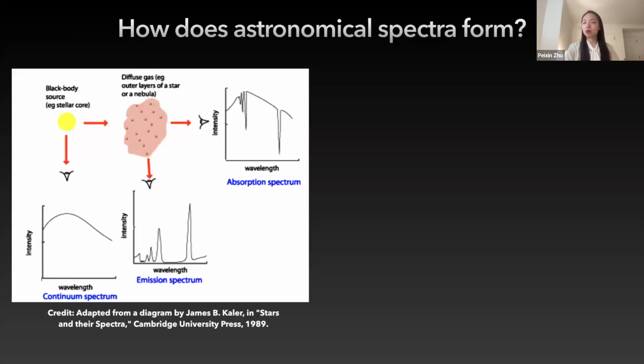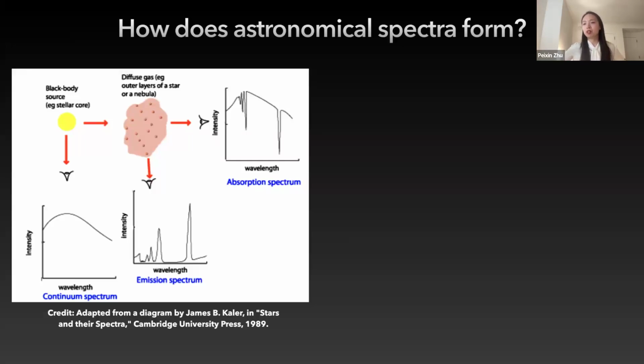So it's a quite smooth structure, as in the bottom left. But then, on the way that this black body radiation reaches us, there is a clump of diffuse gas. Where are these diffuse gas clouds in the universe? It could be the outer layers of stars, which we call the stellar atmosphere.